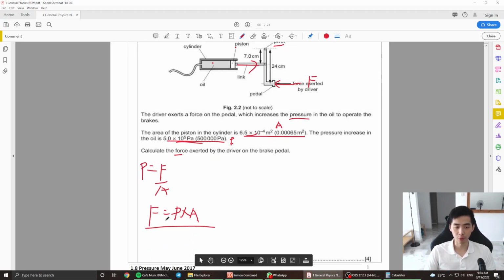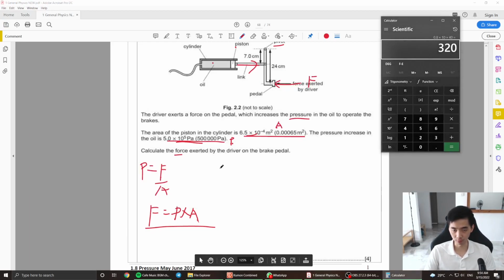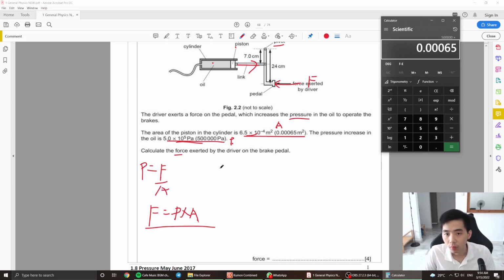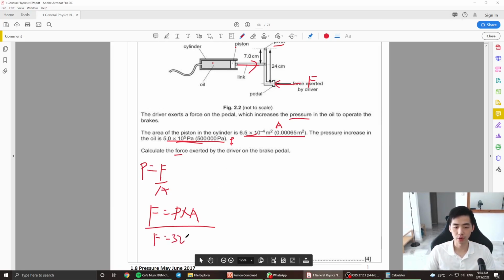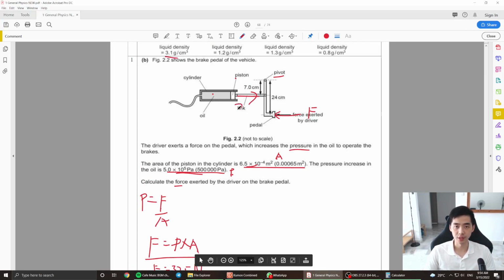Based on this formula here, pressure times area, the force is going to be 325 newtons. 325 newtons is this force here instead. Now, like I mentioned, this one here there's a pivot in the question, right?